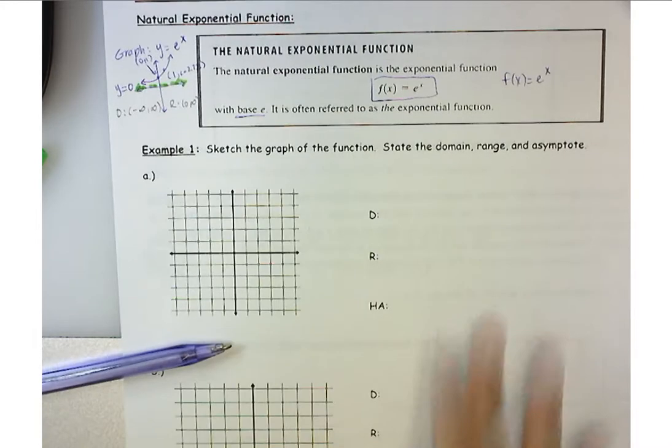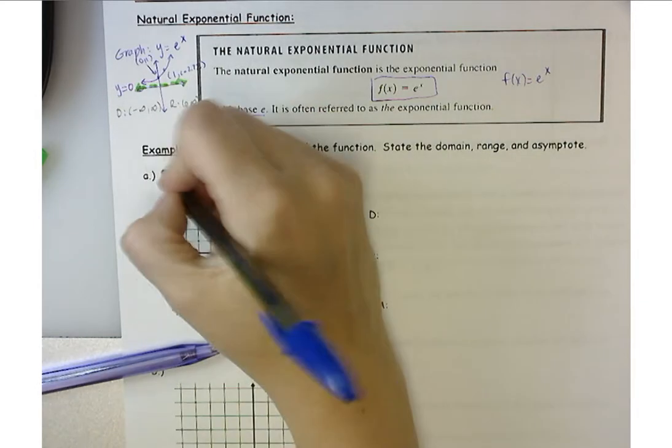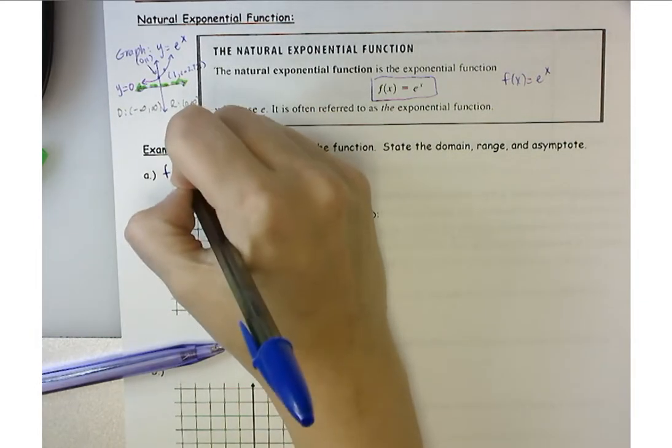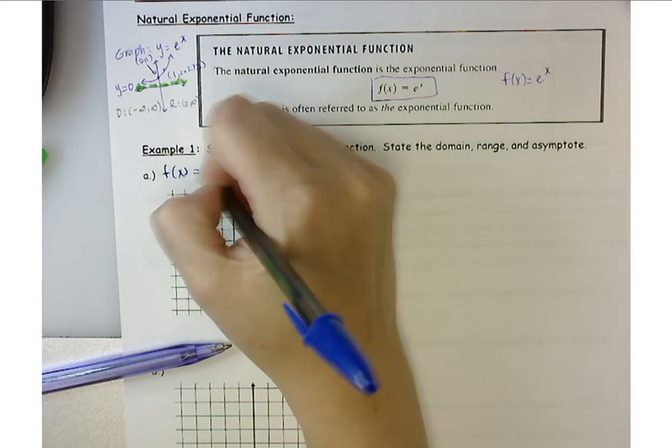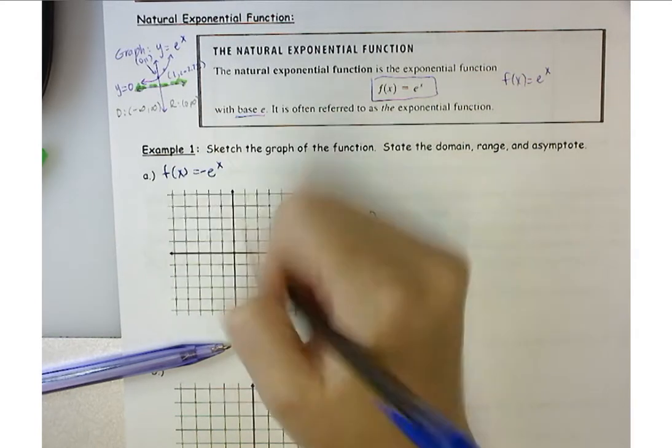For our first example, we're going to sketch the graph of the function, state the domain, the range, and the asymptote. Again, scientific calculators are what we want to practice this on. For your quiz, you're not going to have to graph the points of the function.